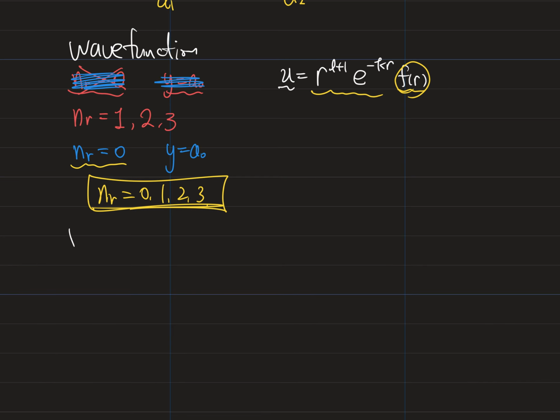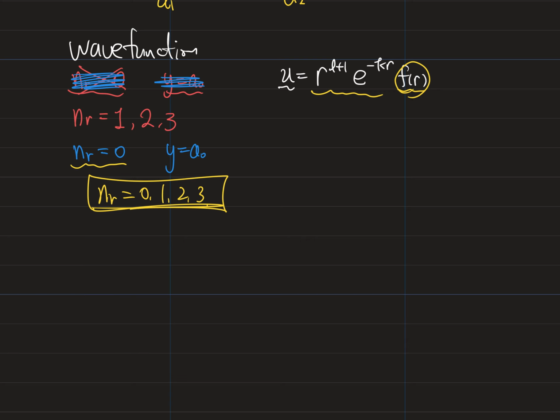So lambda divided by k minus l minus 1 is equal to nr. And due to some relation with the energies, we are going to define the lambda divided by k. So here, this is k. We are going to set this as n.